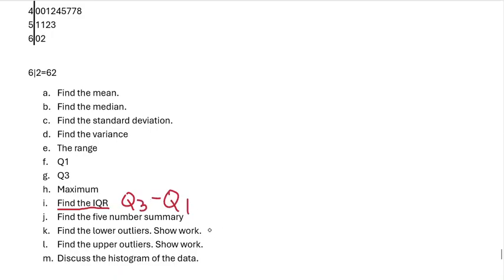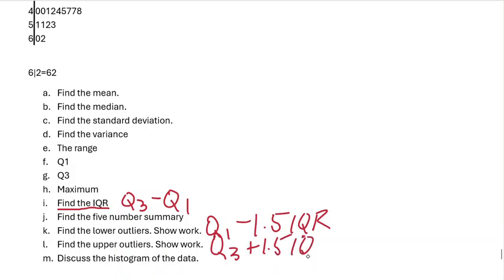You also need to know the outlier formulas: Q1 minus 1.5 times the IQR, and Q3 plus 1.5 times the IQR. And then discussing the histogram, that is CUSS-ing.